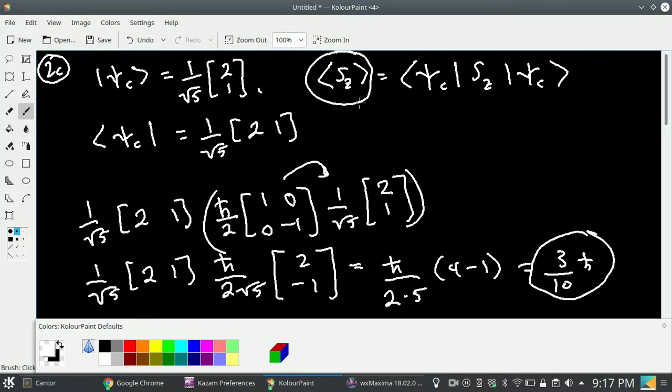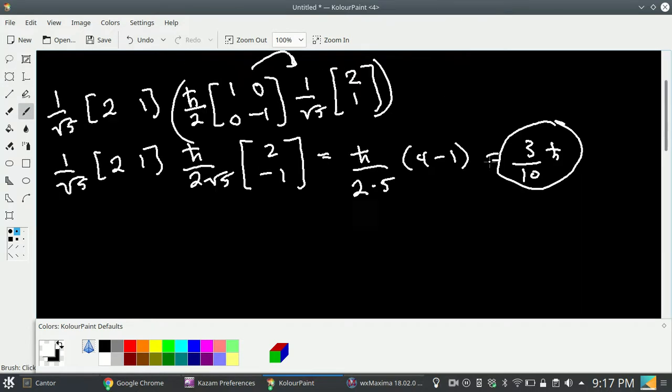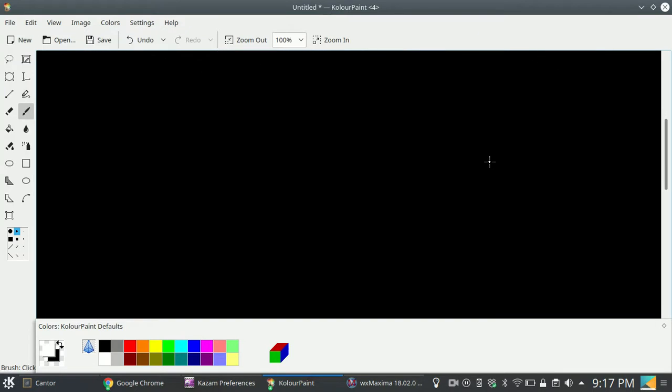Let me show you that this can be done without the matrices. All right. So if we just remember that SZ, not the vector, but the operator SZ. So let me just move this over here. So now the other way to do this, which gets you the same answer, is that SZ is an operator, and this operator has two eigenvectors.